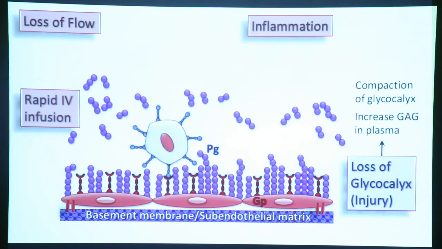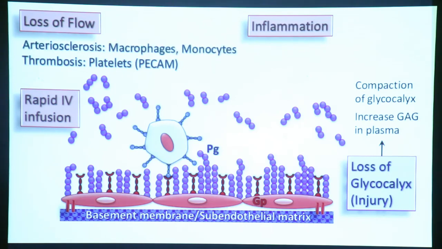That's why loss of glycocalyx, because of all these three things, can lead to a lot of changes in microvascular circulation. Loss of flow, there will be thrombosis because there is stagnation. The platelets will come and combine to these molecules here, and that will lead to thrombosis. Arteriosclerosis, these are mediated by macrophages and monocytes, and they also will lead to immunomodulations.